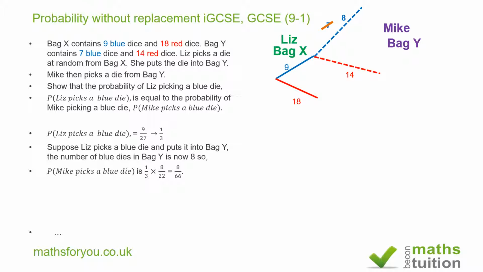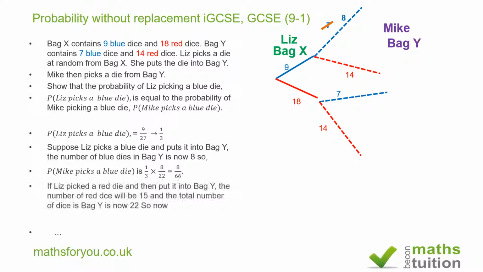Now, what if Liz picked a red die to start with and then puts it into bag Y? The number of red dice in bag Y would then be 15. So the probability of Mike picking a blue die this time around will depend on the probability of Liz picking a red die and the probability of Mike picking a blue die.